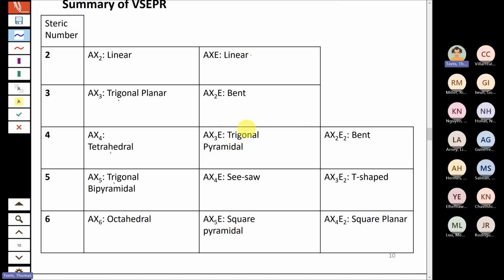So that covers the entirety of VSEPR as it applies to this course. Again, I think the best way to learn it is to really try to visualize the shapes and start with the electron group arrangement, add the lone pairs in, and then see what's in front of you, rather than trying to just brute force memorize that AX3E is trigonal pyramidal, for example. But however you choose to learn it is up to you. This will hopefully help you as you're getting going on that.